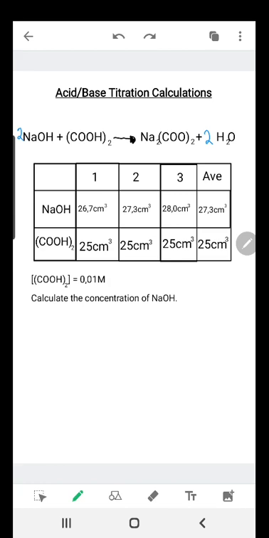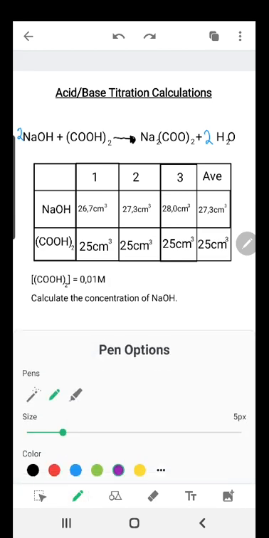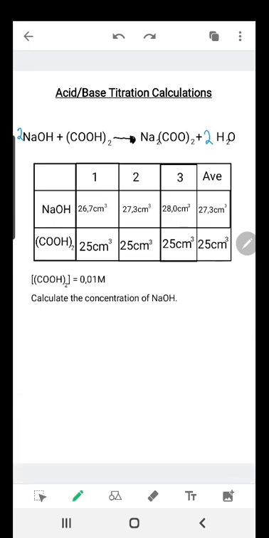Remember that when it comes to your burette, that is your unknown solution, and when it comes to your pipette, that is your standard solution. So obviously your standard solution, 25 milliliters, which is centimeters cubed. So here is our standard solution, and on top you have your unknown.